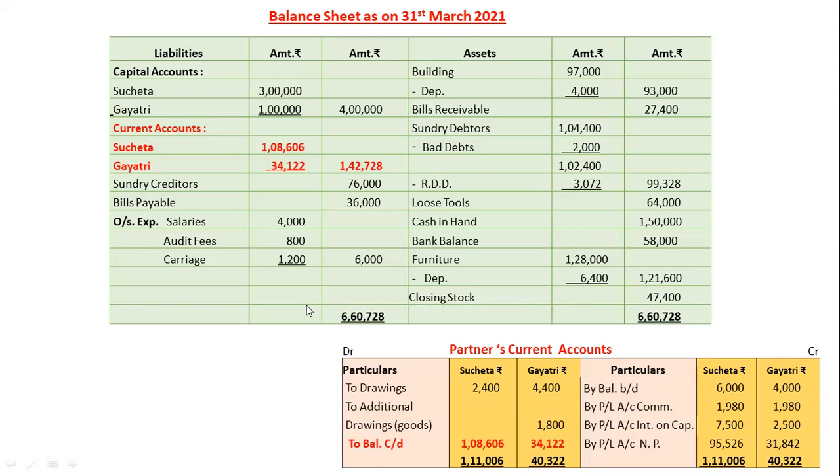So after calculating gross profit or gross loss, transfer it to profit and loss account, debit or credit side, depending upon the outcome of the business in profit or loss. On preparing profit and loss account, if the outcome is net profit or net loss, then distribute it to the partners as per the agreed ratio.